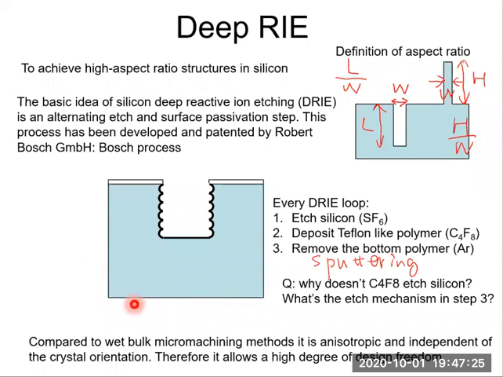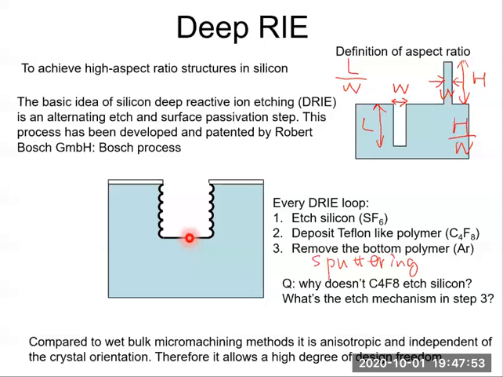For wet bulk micromachining, such as KOH, the side walls must be 1-1-1 planes. So it is not possible to etch deep trenches with a vertical side wall on a 100 wafer if you use KOH.